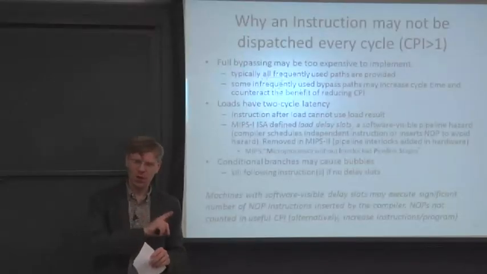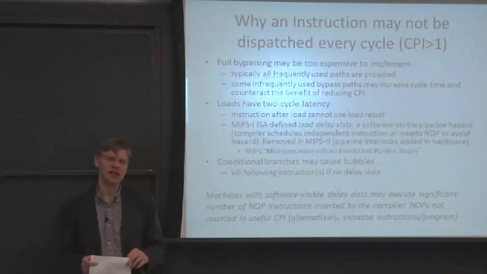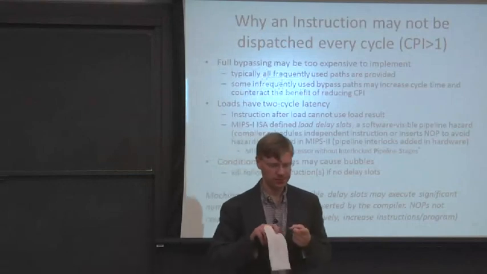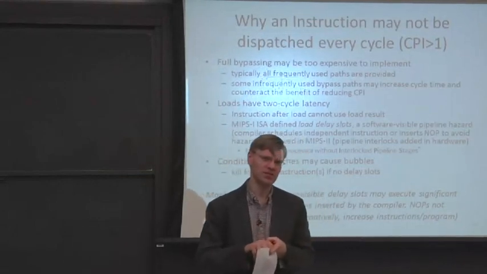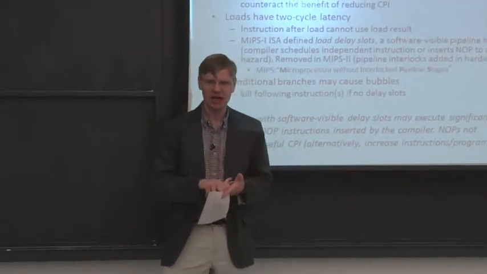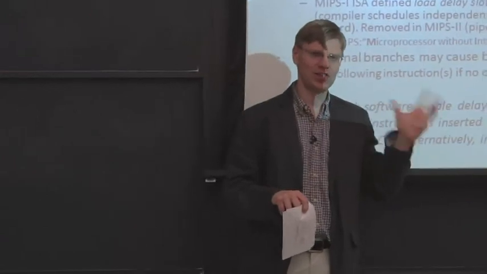Now, I wanted to point out, when we talk about CPI, and this is the note at the bottom of the slide, that you really want to think about CPI from the perspective of a usable CPI instead of how many instructions are executing.